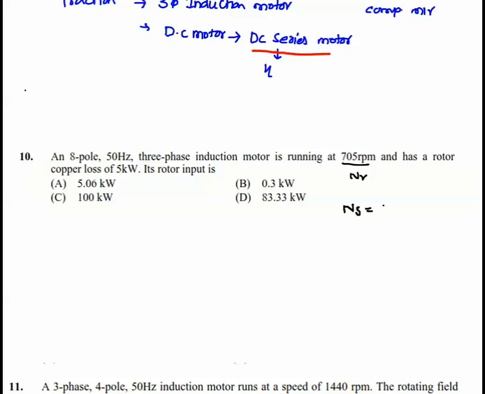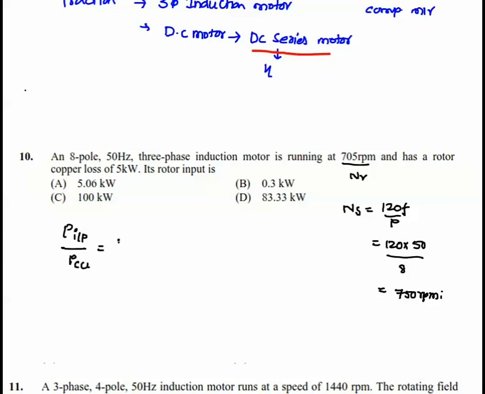Ns is equal to 120 F by P, which is 120 into the given frequency 50 Hz, divided by the number of poles, 8 poles. This is equal to 750 rpm.